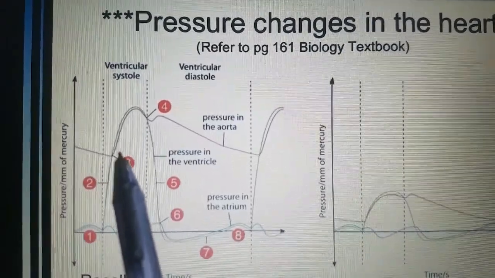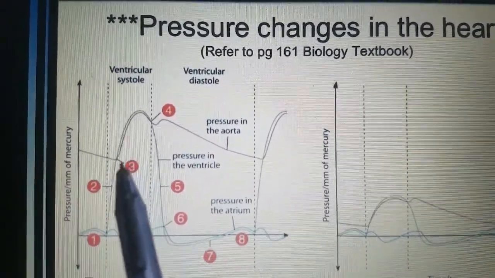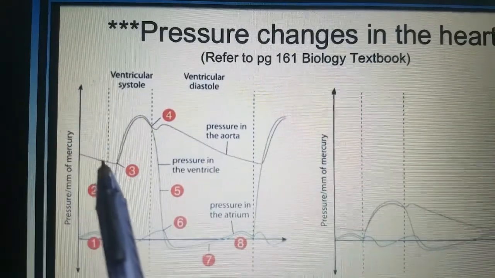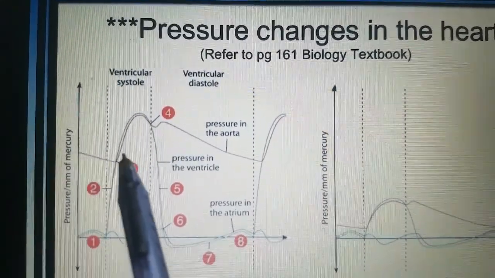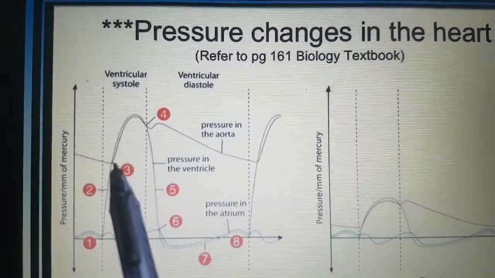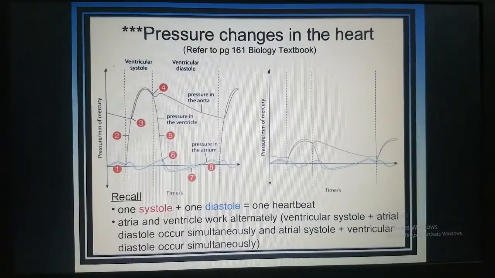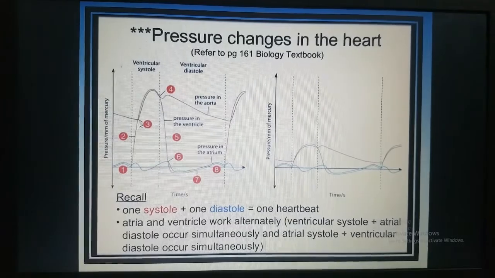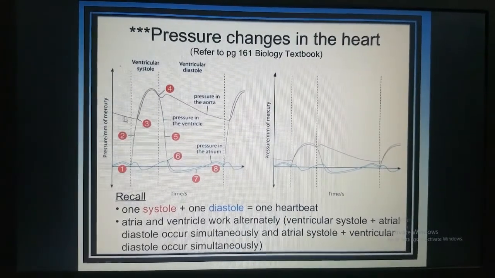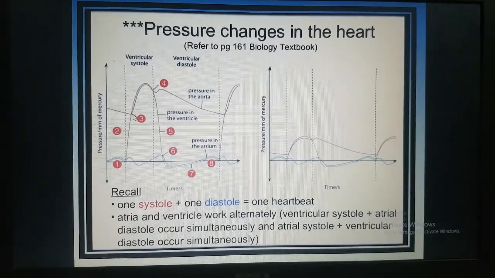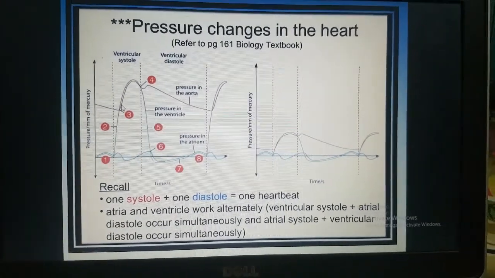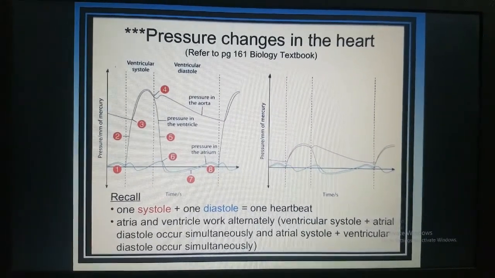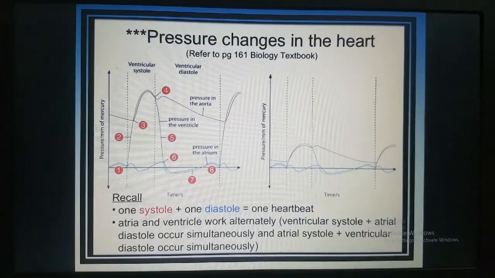You may notice that at 0.3 second, the pressure in the ventricle increases above the pressure of the aorta. The aorta has a pressure of 80 mm of Hg. When the ventricular pressure overcomes this aortic pressure, the blood is ejected into the aorta so that it will be supplied to all parts of the body.